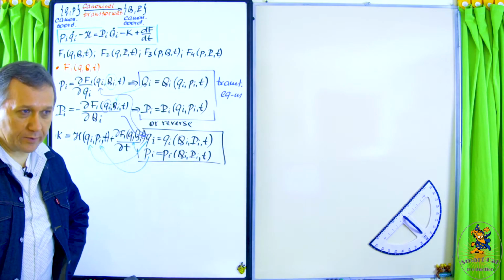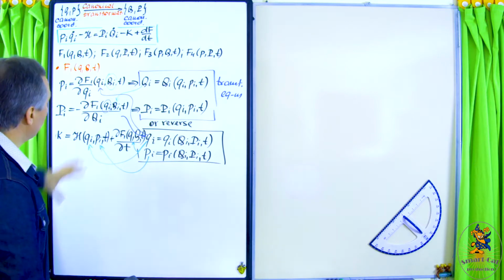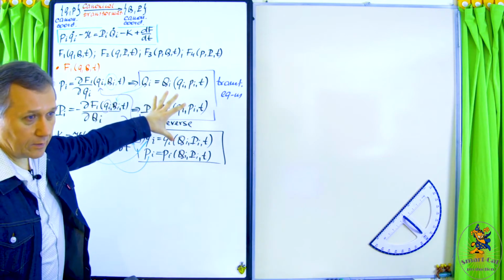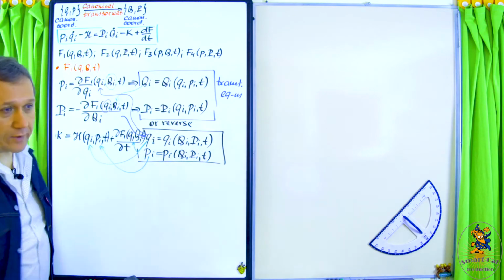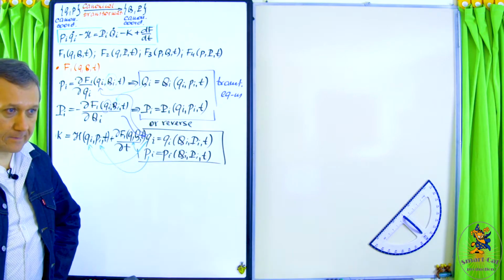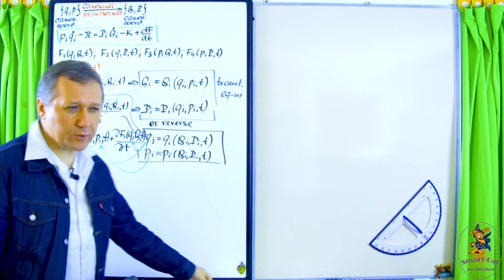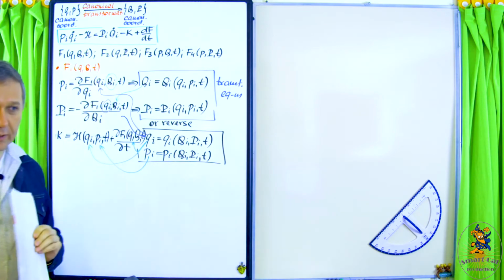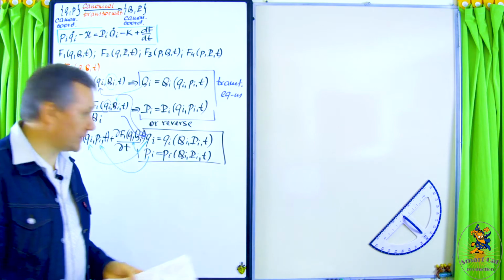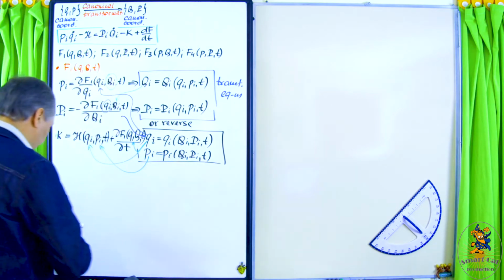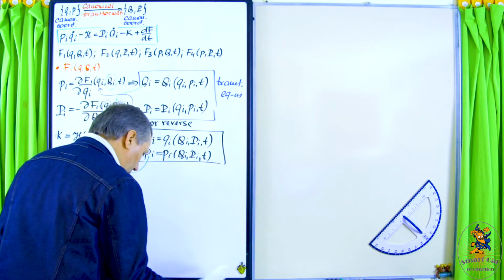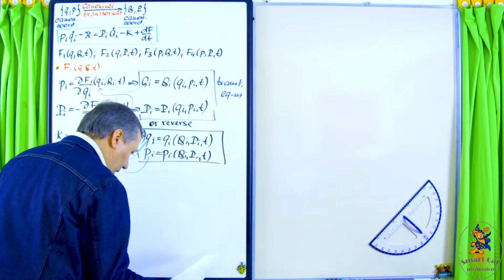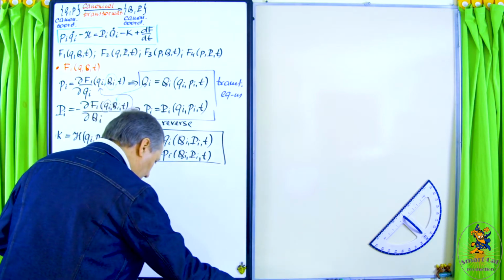Now, what about the opposite situation? What if the transformation equations are given, and how can we get the generating function? Because we're going to see a similar situation maybe in half an hour when we get to a more or less realistic example. Okay, now which way should I label it?